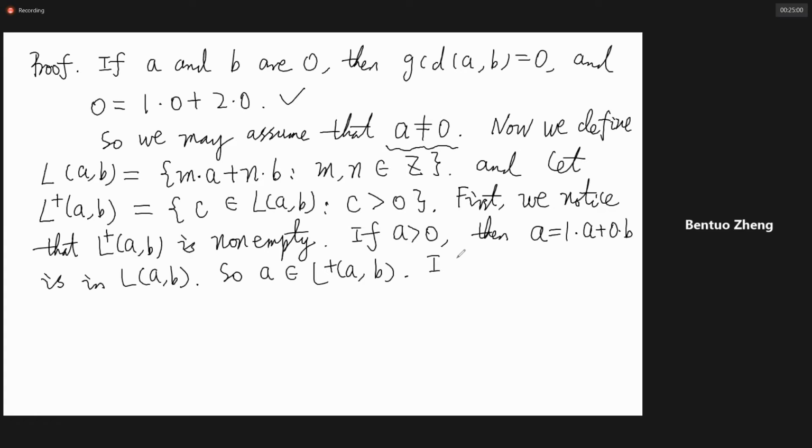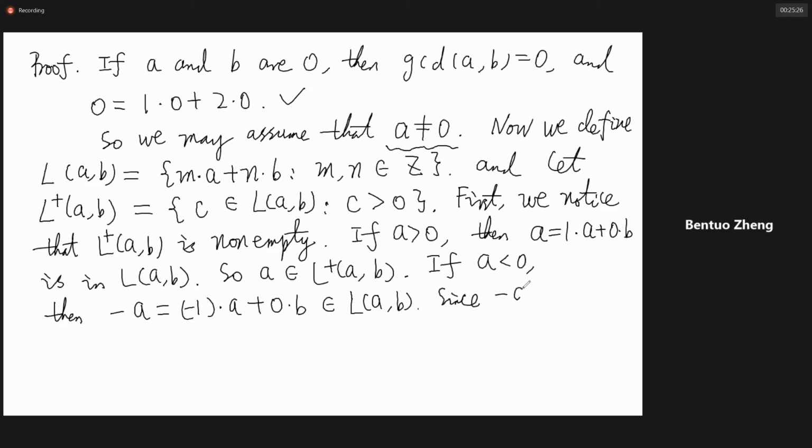If A is less than 0, then negative A, which is equal to negative 1 times A plus 0 times B, is also a member of L of AB. Since in this case negative A is greater than 0, negative A is in L plus of AB.